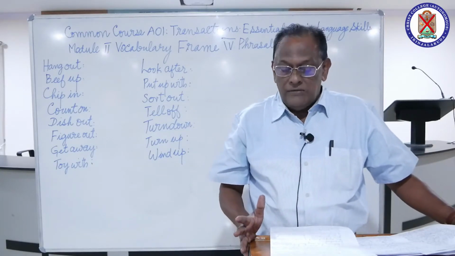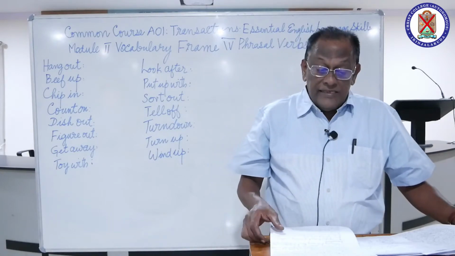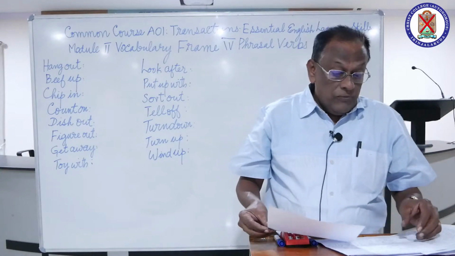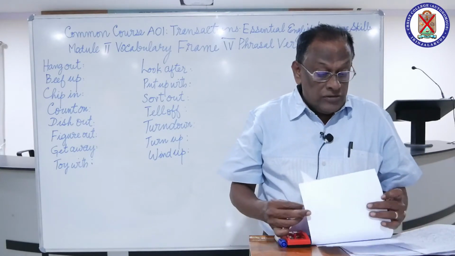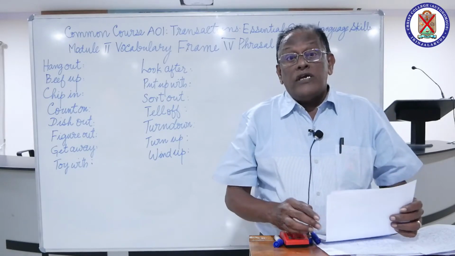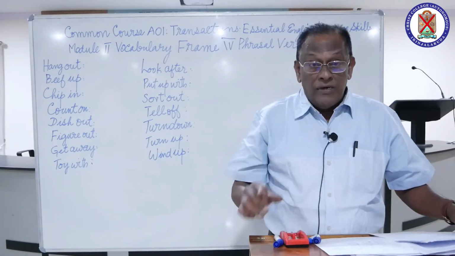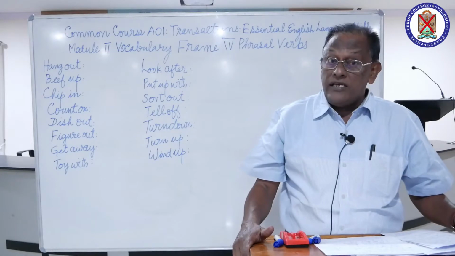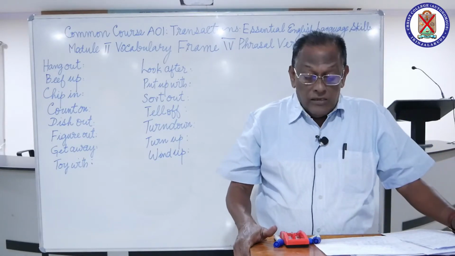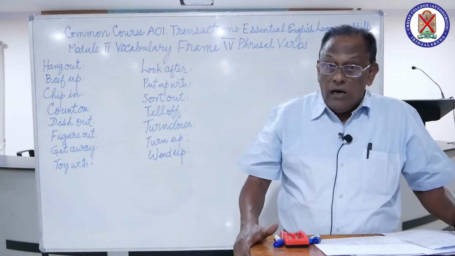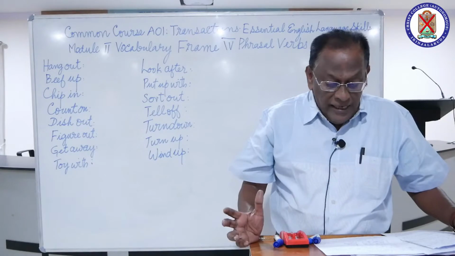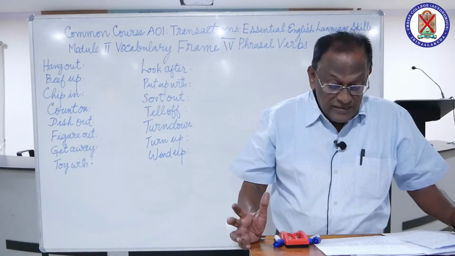I explained to you. In the third session on vocabulary, we were talking about collocations. You remember I gave you the definition for collocation. Collocation is concerned with the way words occur together, often in unpredictable ways.